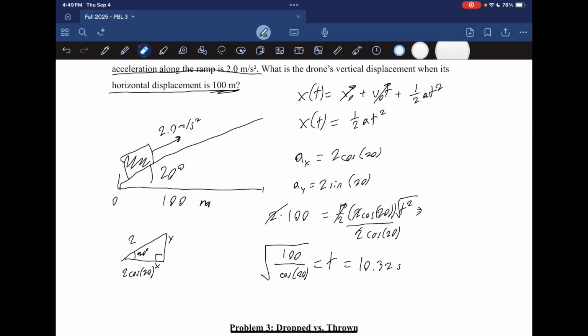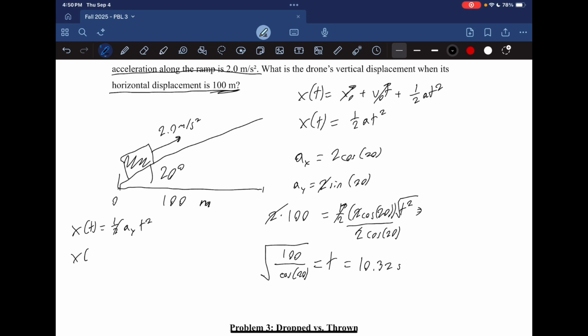the displacement for y. So I'm going to erase this to make a little more space. So again, x of t equals, there's no x naught, there's no v naught, so it's just 1/2 ay t squared. So our ay is 2 sine of 20. This 2 is going to cancel with this 2. And we end up with x of t equals just sine of 20 times time squared.